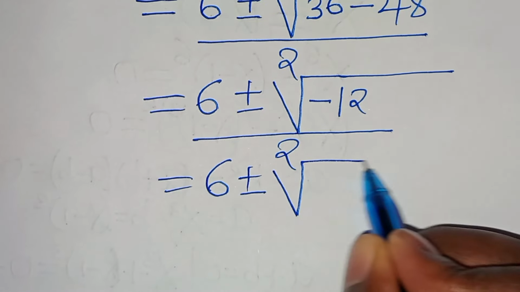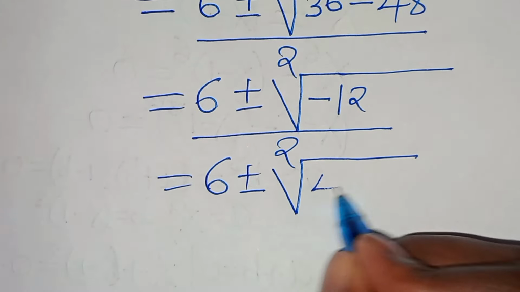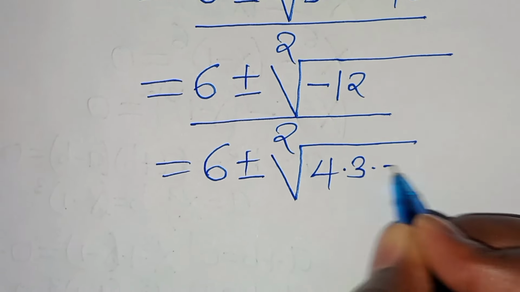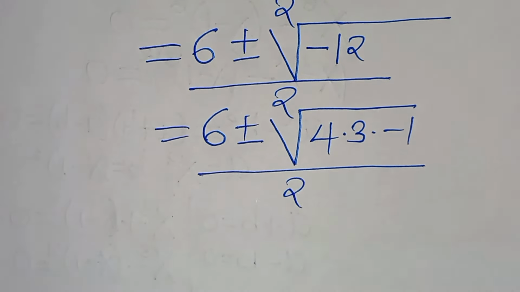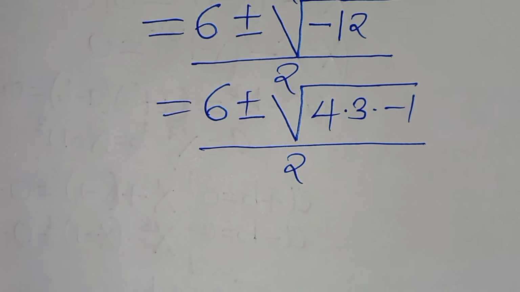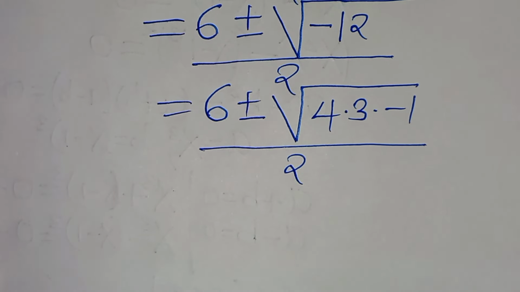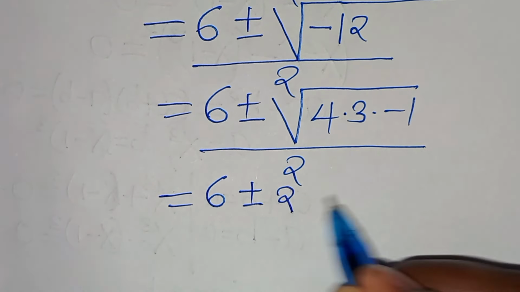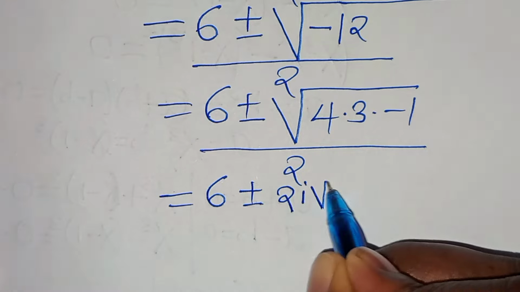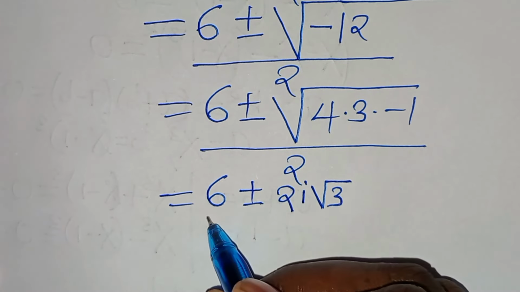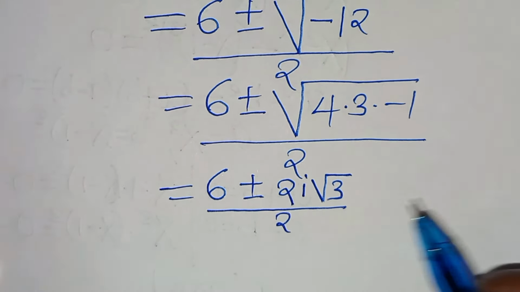We can express the square root of -12 as the square root of 4 times 3 times -1, everything divided by 2. So we have 6 plus or minus the square root of 4, this is 2. The square root of -1, this is i. Then square root of 3. Everything divided by 2.